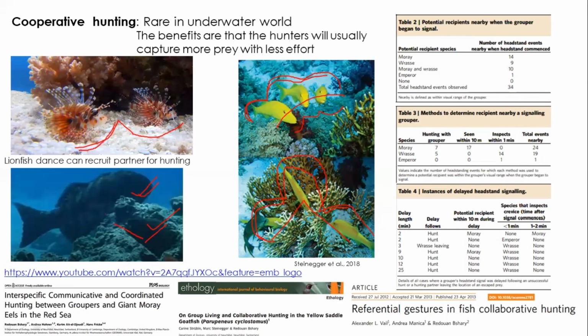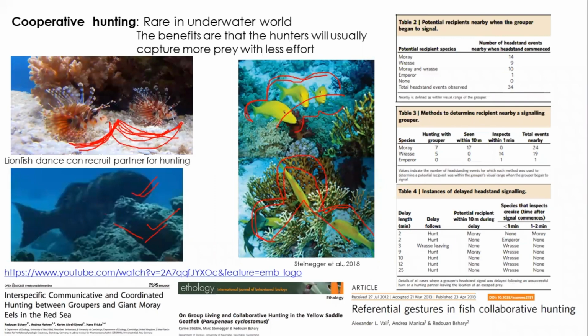Similarly, lionfishes start dancing, and when they start dancing, more and more lionfishes can come to that particular location to conduct the cooperative hunting, right? I hope that's clear. Let us go to another video to show you how the groupers and the eels are doing the cooperative hunting.